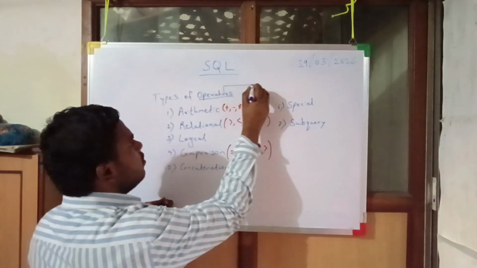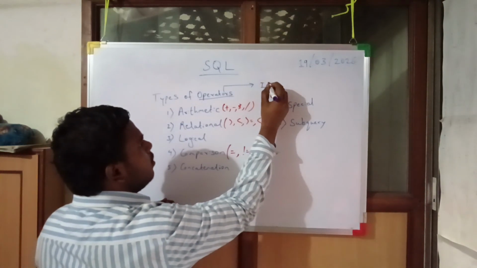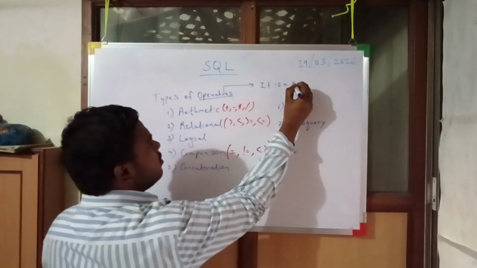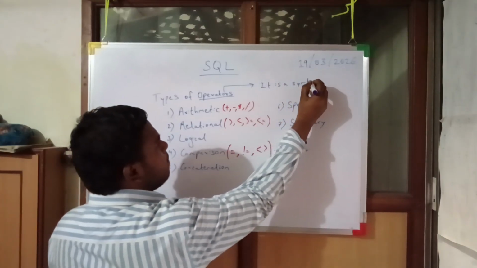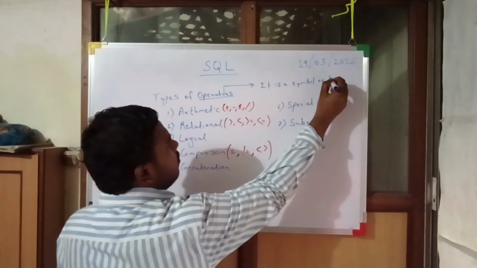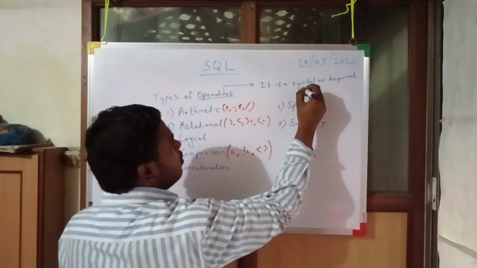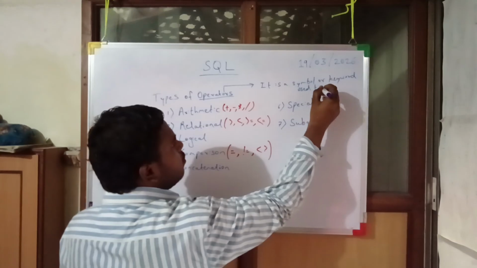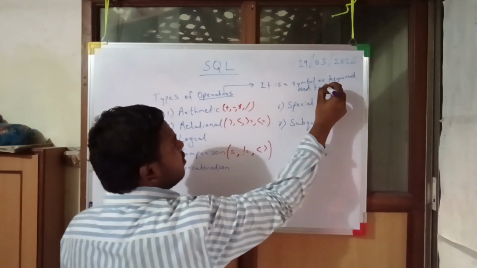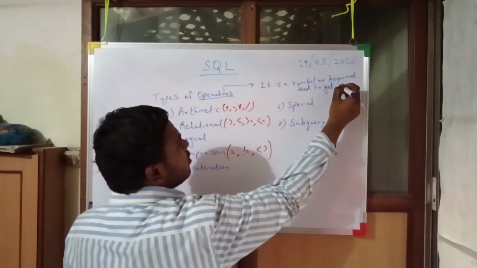An operator is a symbol or keyword used to get some result.